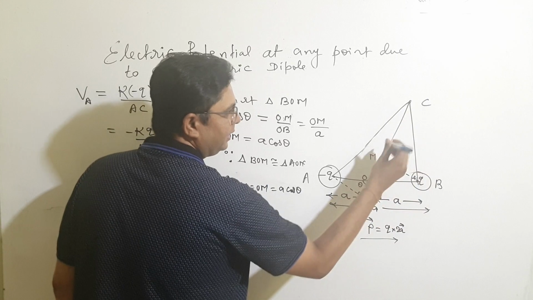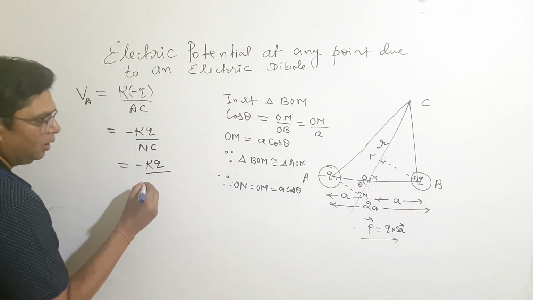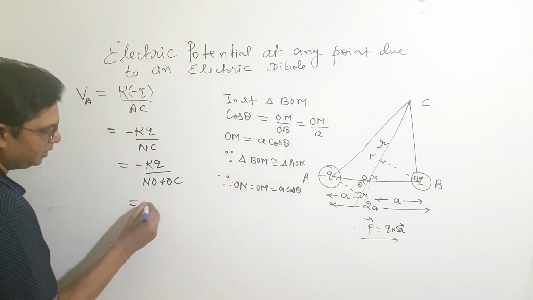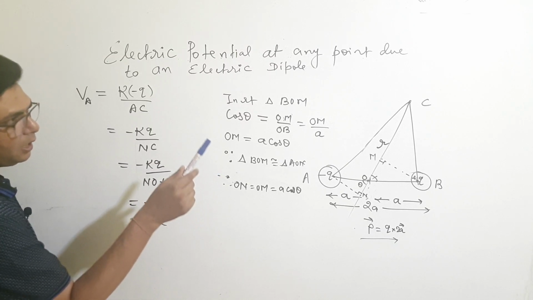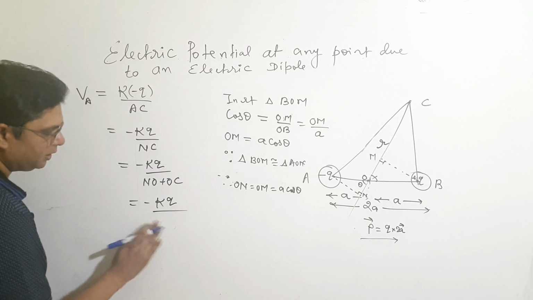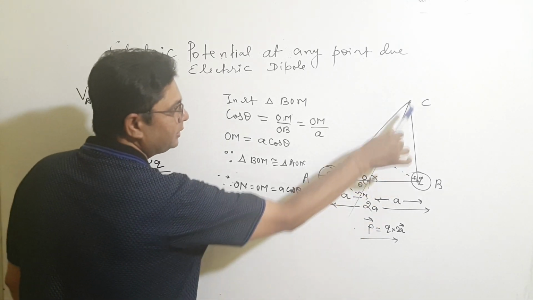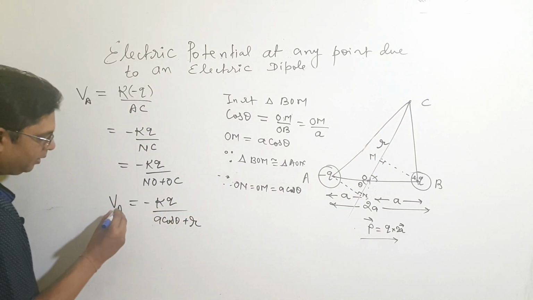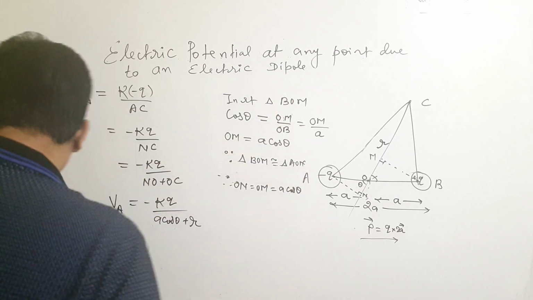Let OC be R. So this is minus KQ upon R plus NO, where NO is A cos theta and OC is R. This is VA, the potential at C due to charge at A.